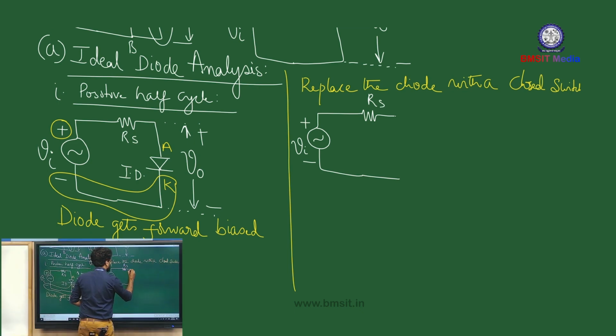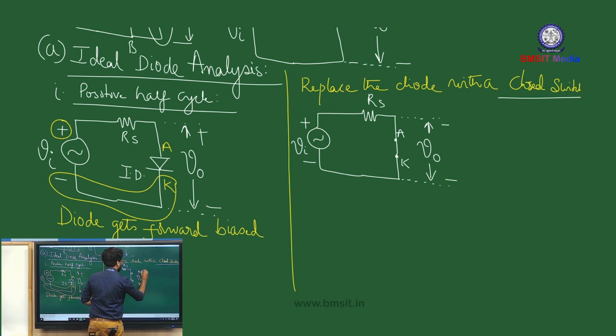This is Rs, and this was your diode. Now the diode is behaving like a closed switch, and that's why we have closed the contacts here. So between anode and cathode there is a flow of current, and this is where you are observing the output.